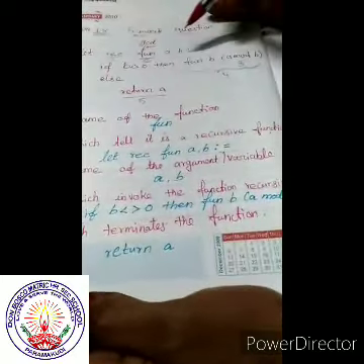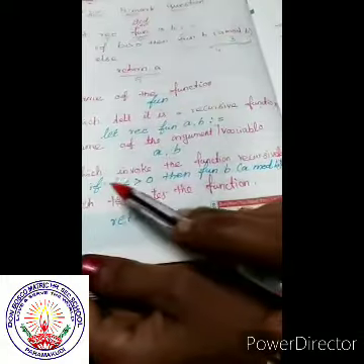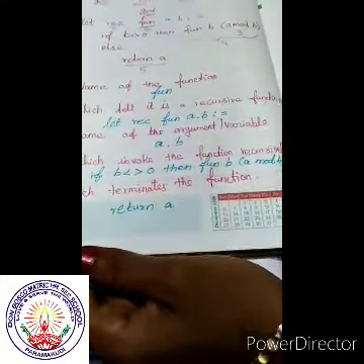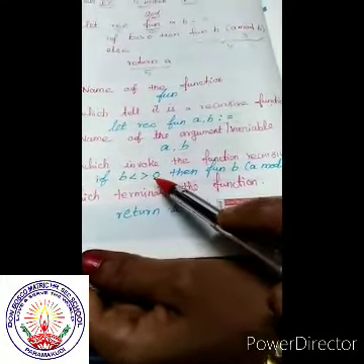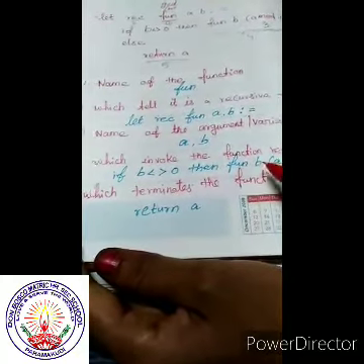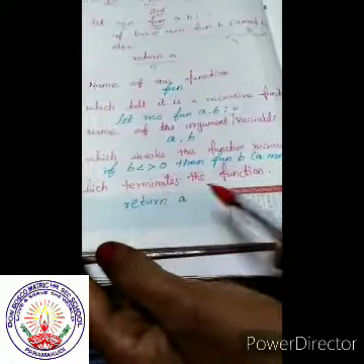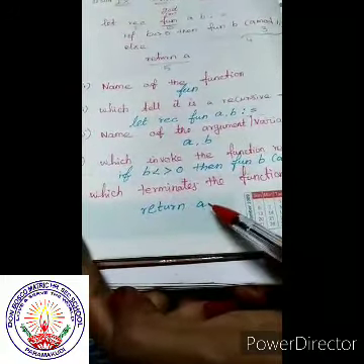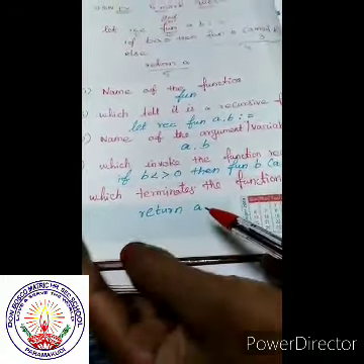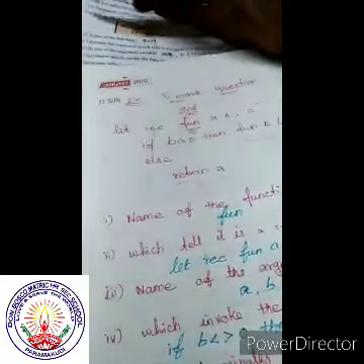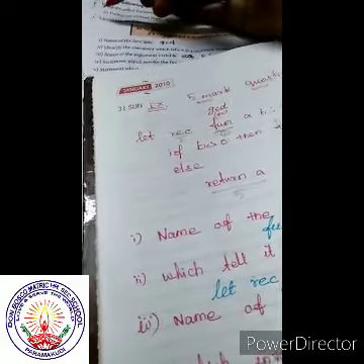Option 3, names of the arguments are A and B. Option 4, invoke the recursion: if B not equal 0 then fun B of A mod B. The termination of the function is return A. So this is the answer for your 5 mark question number 2. Just refer to it.